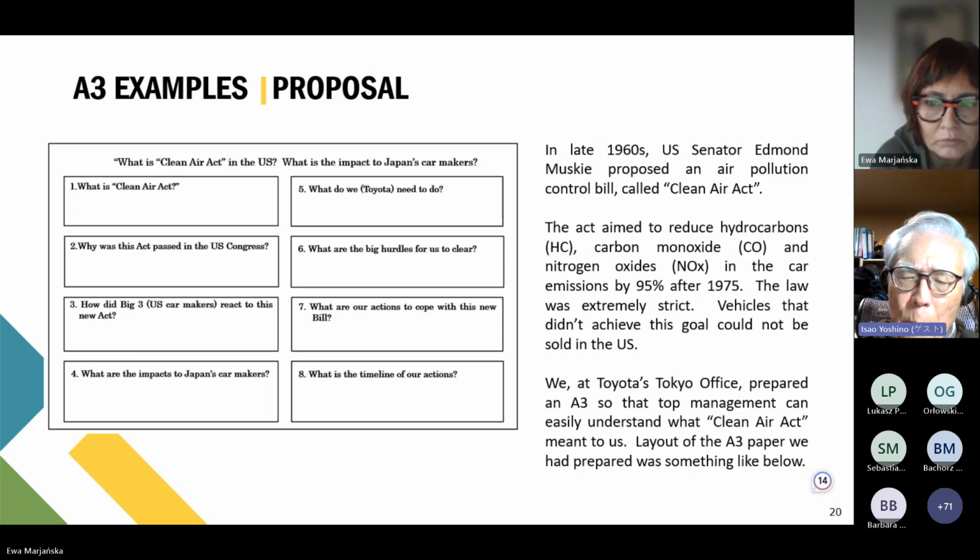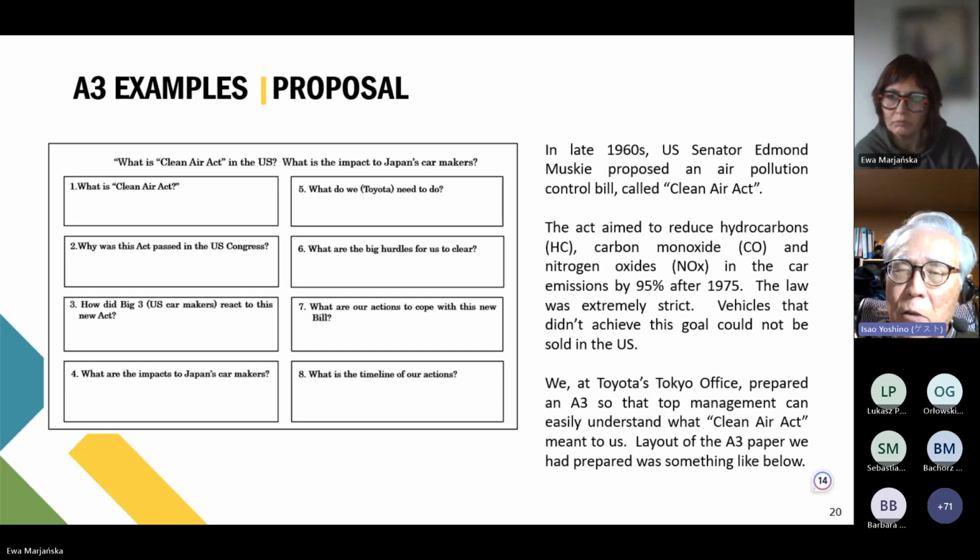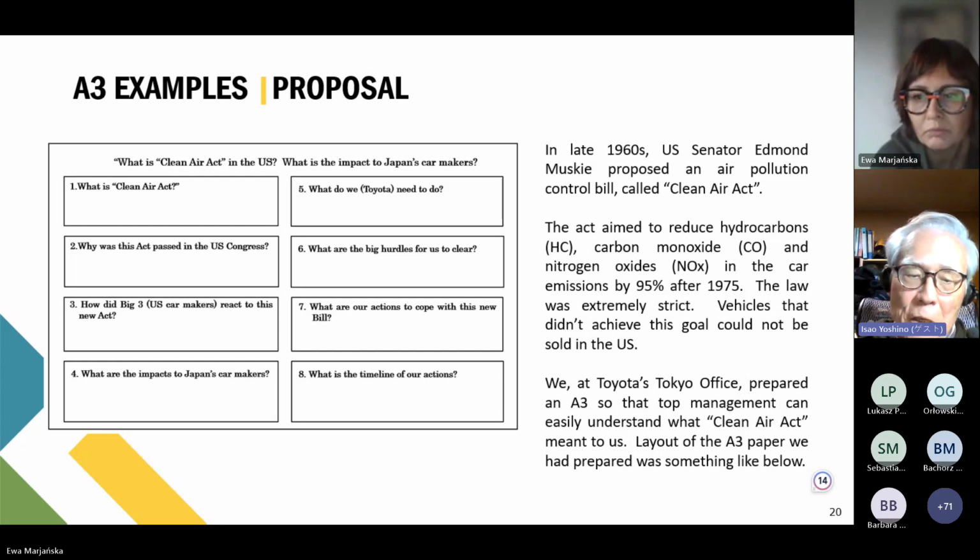At the time, of course, top management is so busy that we cannot prepare 10 pages of document. He cannot read this. So we have to prepare this type of A3, one page of document. Maybe the president can read this on the bullet train on his way back from Tokyo to Toyota City. He can take a look at our A3 document.